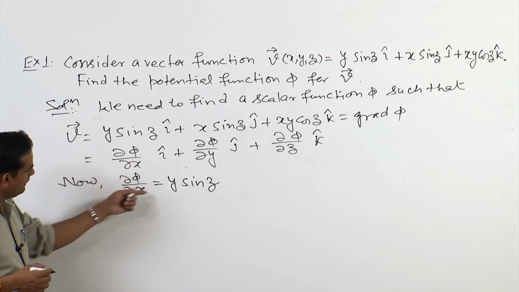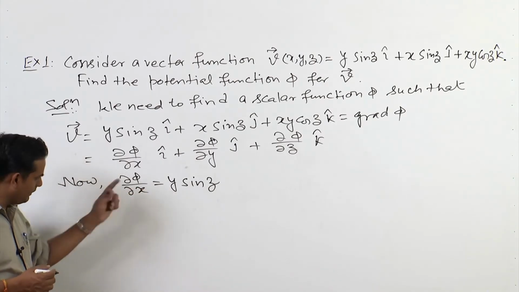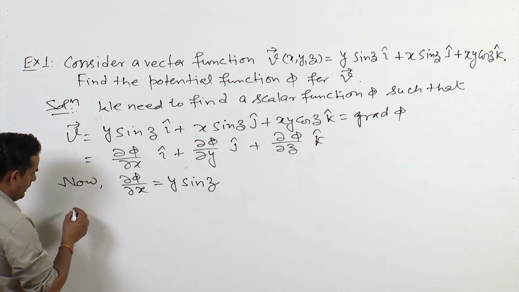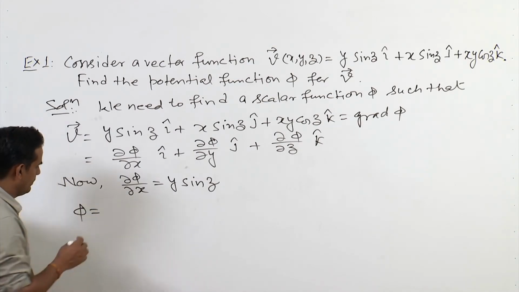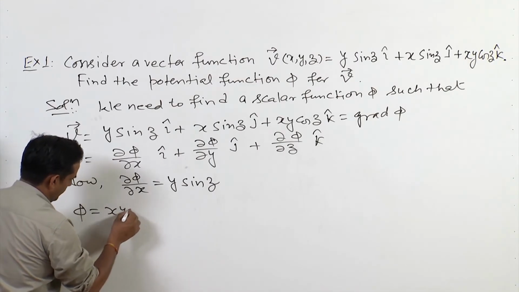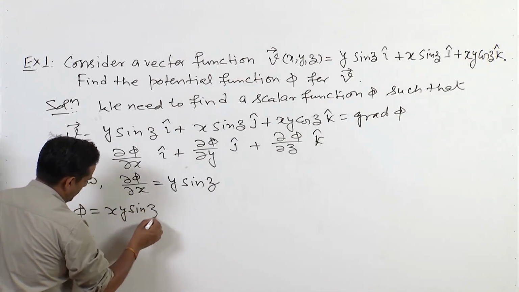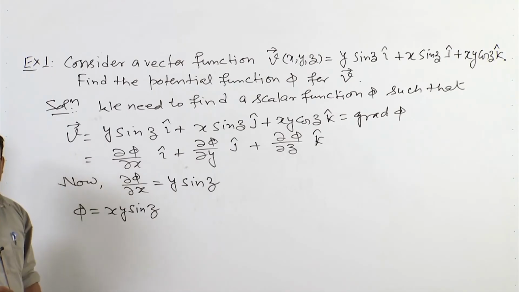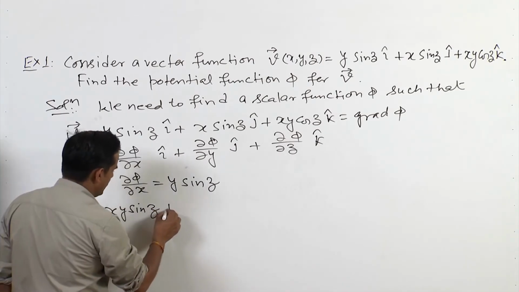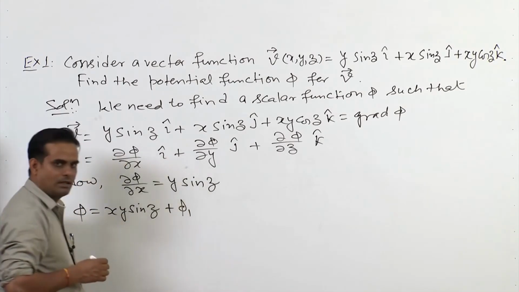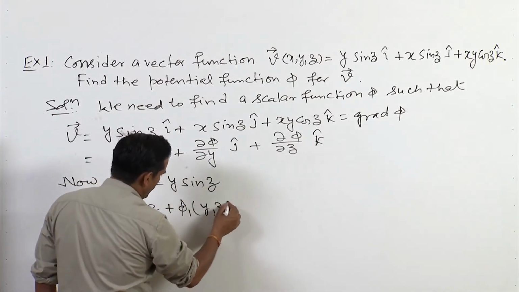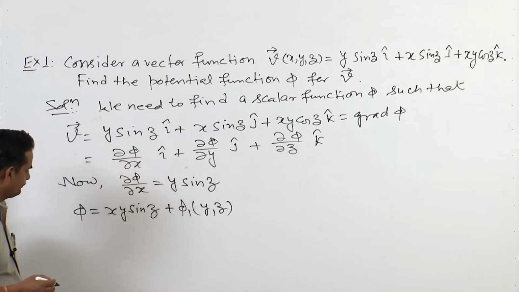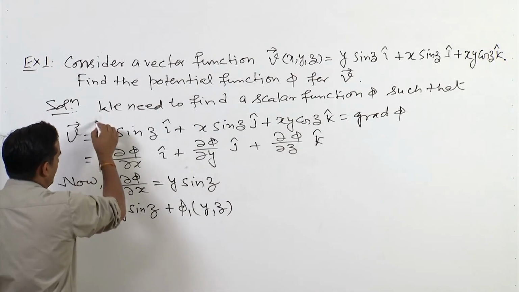If I integrate it with respect to x, then phi equals x y sin z plus a function phi 1, which may be a function of y and z. So, this I got by comparing these two components.